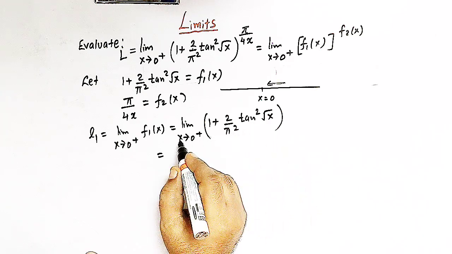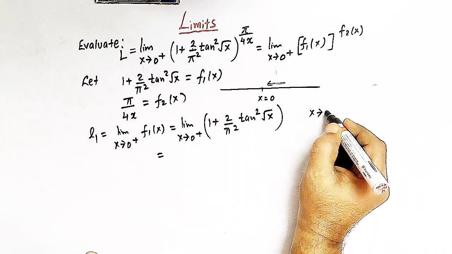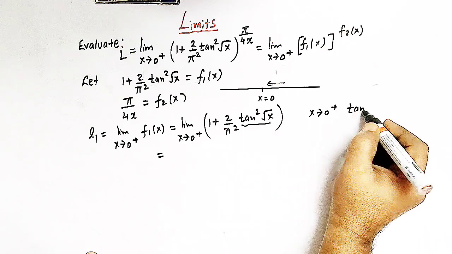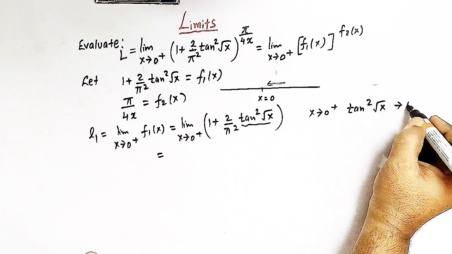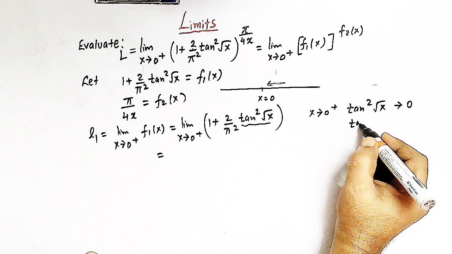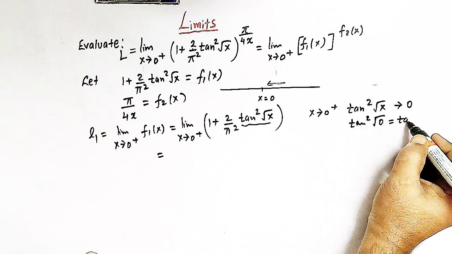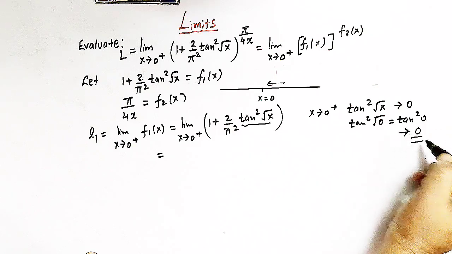So here when x tends to 0, then we can see that this expression, that is tan²√x, tends to 0 because x is tending to 0. So tan² of √0, so we have tan² 0 and this tends to 0.